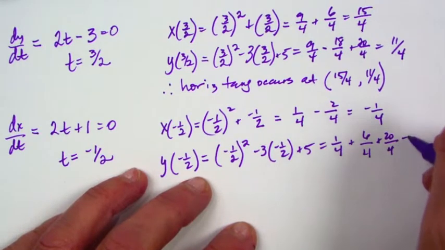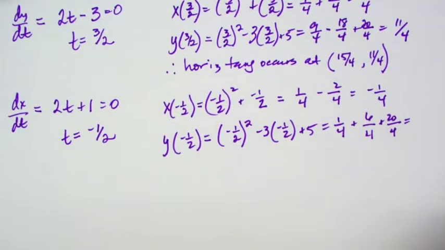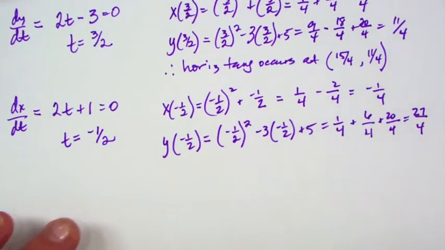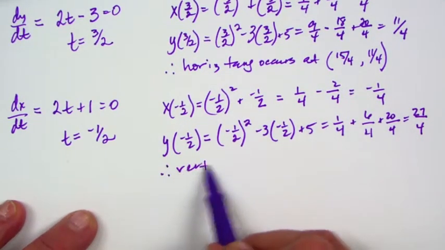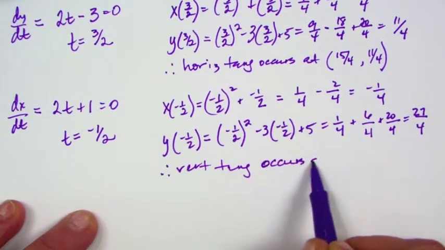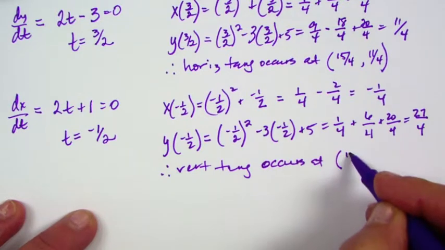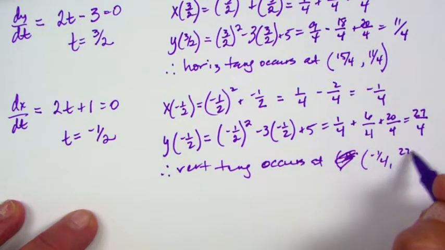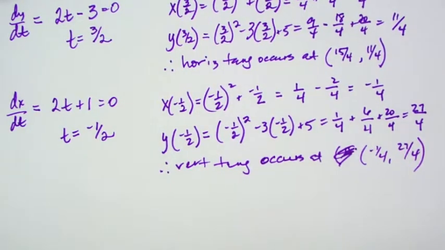Is that right? 27/4. Therefore, a vertical tangent occurs at negative 1/4, 27/4. Okay, so just a different kind of problem where I'm having to analyze parametrics.